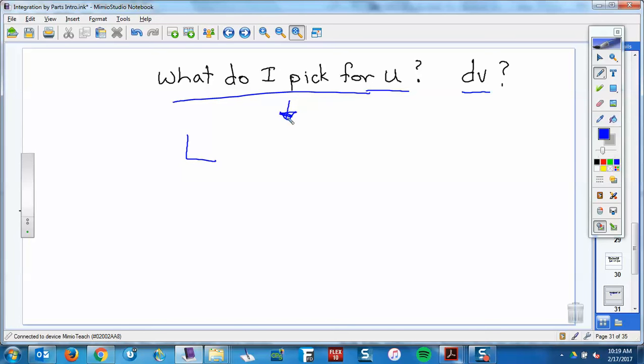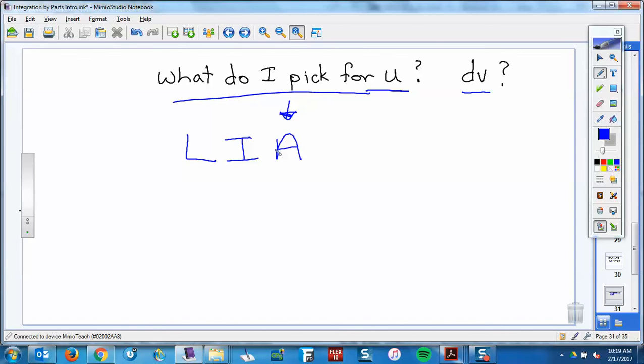What else don't we know the antiderivative of? We don't know the antiderivative of arc sine, arc tangent and arc cosine, do we? We know the derivative of those, but we don't know the antiderivative. So if we've got an inverse trig function in there, we do not want it to be a dv, so we better make it be a u. Now the rest of the different types of functions probably don't matter.